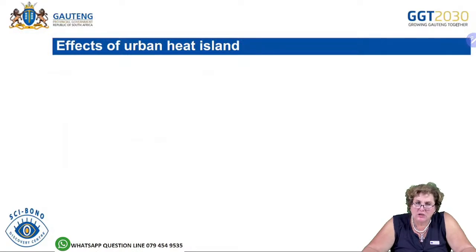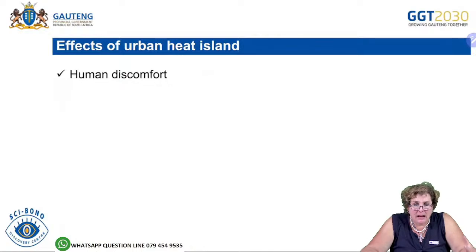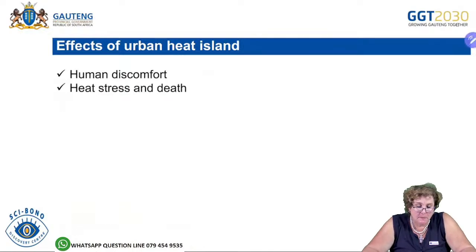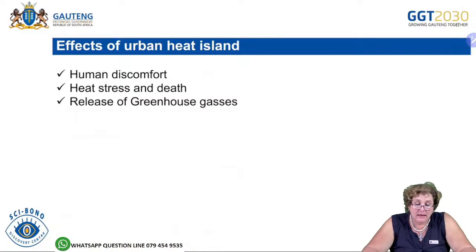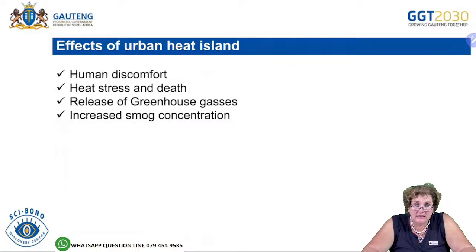Now the question is, what is the effect of the urban heat island? It causes human discomfort. You are tired. It's very, very like I'm sweating in this warm area. It's very uncomfortable. People can get heat stress, and some people can even die if it's too hot. Then we have the release of greenhouse gases like carbon dioxide.